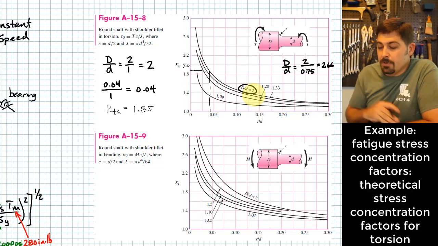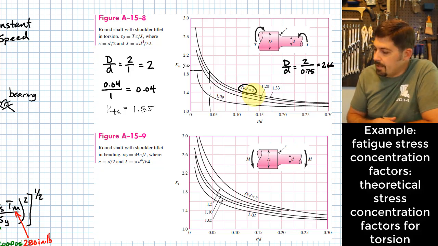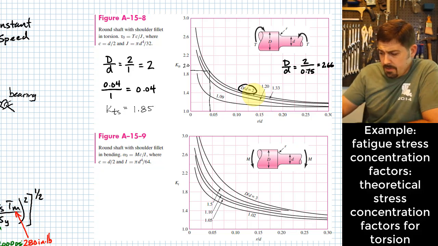And that brings up a good question. I did this on purpose so that I could answer the question of, what do you do if you end up outside of the chart? To me, one of the best things to do is just realize that these curves are getting closer and closer together as those values move higher and higher.